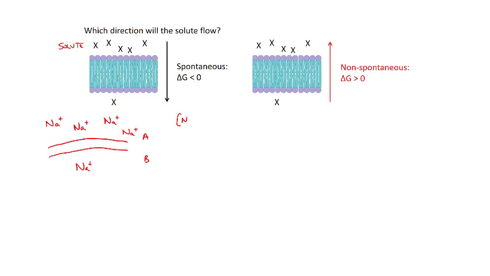So we see here that the sodium ion concentration on side A is greater than the sodium ion concentration on side B. So you would think that the delta G of A to B for sodium would be negative. But that's actually not necessarily true, because sodium is an ion. Why does that matter? I'll show you why that matters.